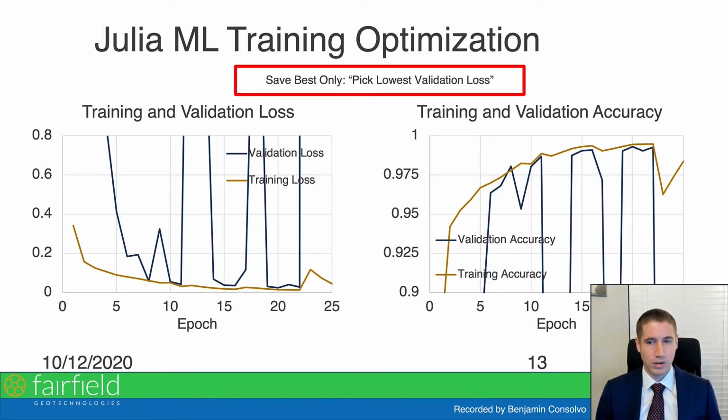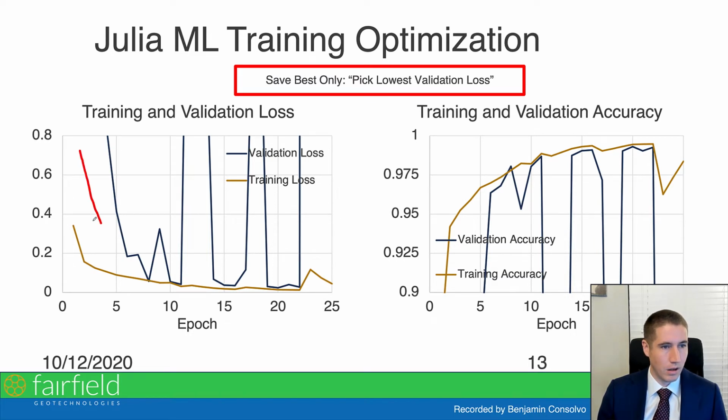For the Julia training, here I'm showing final training and validation loss on the left, and my accuracy curves on the right. The desired result is that training loss and validation loss would decrease, and that the accuracy would of course increase with more time or more epochs.